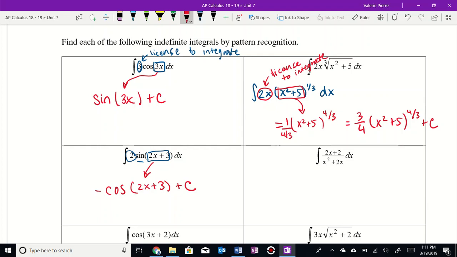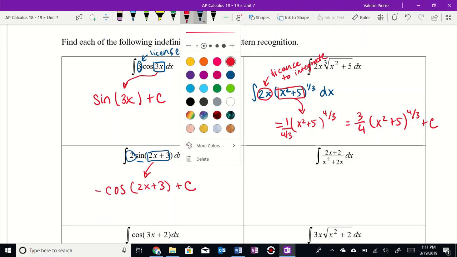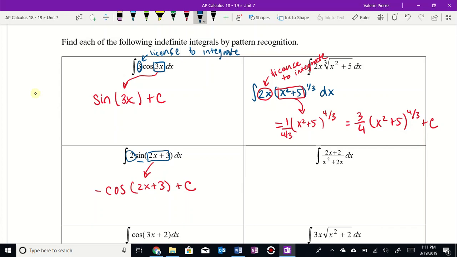All right, so then for this last function, if you look at the numerator, 2x plus 2 is the derivative of x squared plus 2x. So if we think about a function whose derivative is the derivative divided by the function, that brings us to ln.